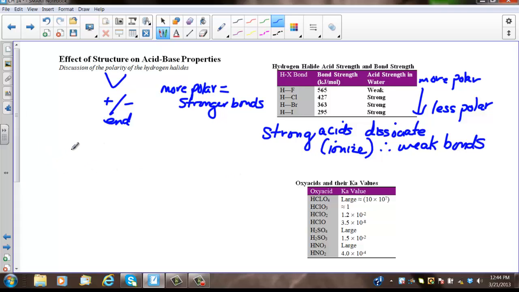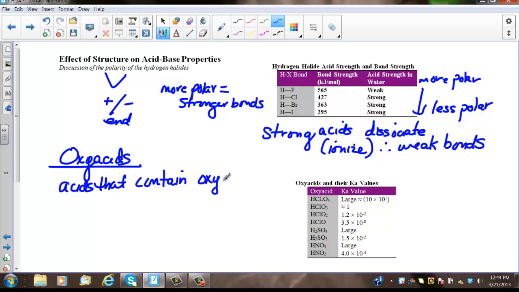I want to talk about oxyacids. Acids that contain oxygen in their anion. So you can see in the chart here that the more oxygens you have, the larger the Ka. So more oxygen equals a stronger acid.